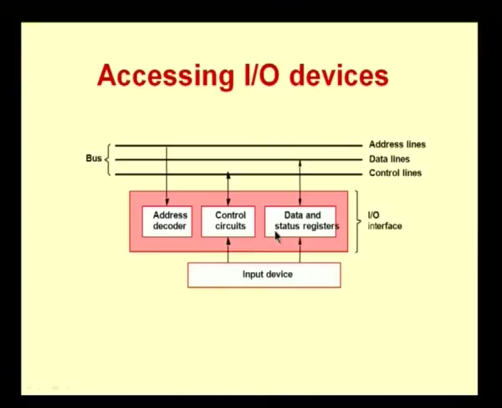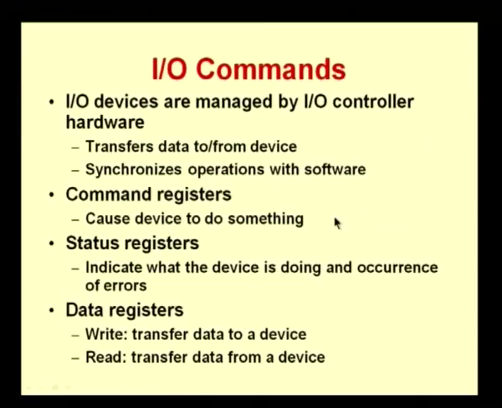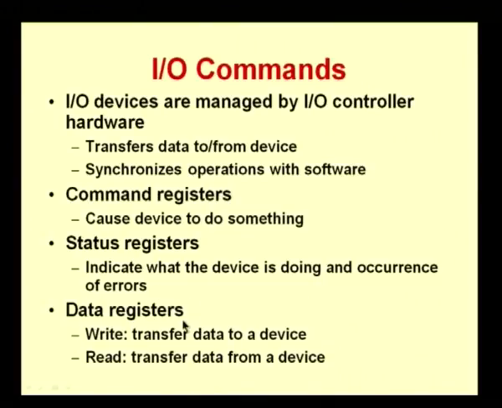So, you can see that you will have this address decoder for doing the decoding, control circuits which will take care of handling the different commands, and of course, you will have these data, command and status registers which will handle the interface between the devices and the processor. Now the question is, how do I address these registers?